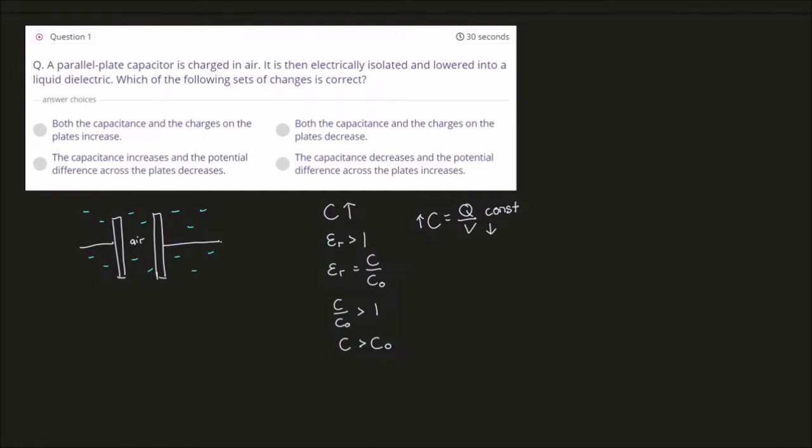The capacitance is increasing, this part is correct, the potential difference decrease is correct, but the charge should be constant. So when they say charge increases, that's wrong. Our answer will be this one: the capacitance increases and the potential difference across the plates decreases. So this is question 1.